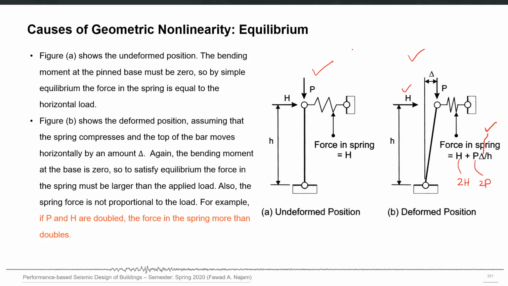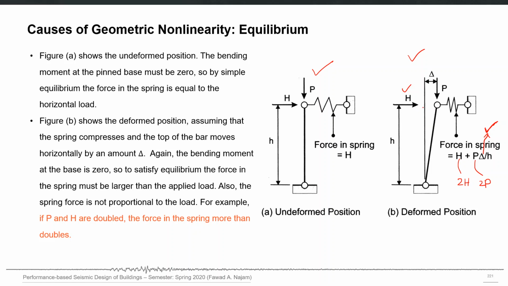So this is a nonlinear effect now, because you have this delta also in the equation, and the force in the spring depends on this delta. So the linear relationship between applied forces and the resulting force in the spring is not valid now. This is a nonlinearity, and it is a geometric nonlinearity because it is caused by considering the equilibrium equation in the deformed position.